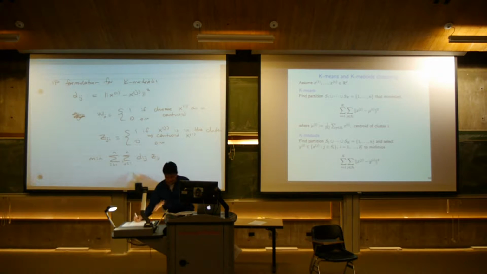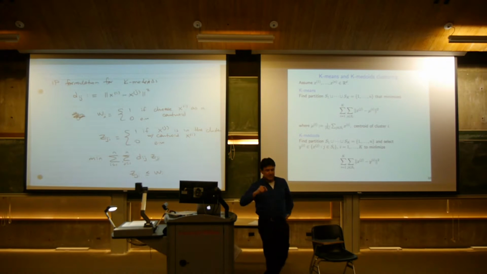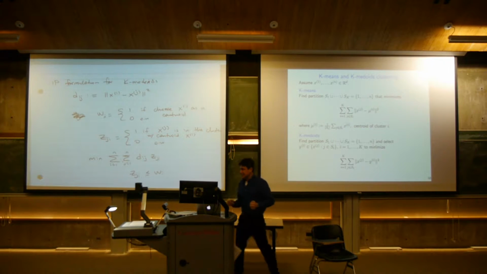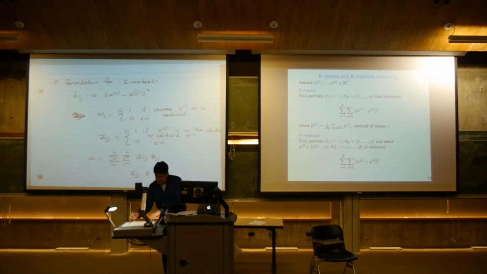And then we have something that is very similar to what we saw with the facility location. The zji has to be less than or equal to wi. What this means is that I can only assign point j to the cluster that has centroid xi if I have already labeled xi as a centroid. This is for i and j equal 1 to n.